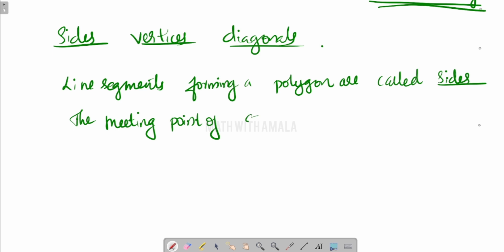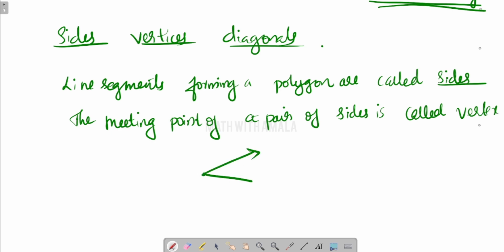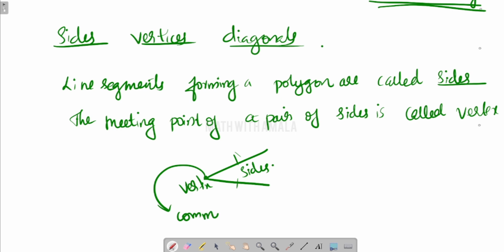The meeting point of a pair of sides is called vertices. Okay, when it is singular, you can call vertex. When there are more than two, then you can call vertices. Then vertex is the meeting point of a pair of sides. You will have two sides, and the sides can be called like arms.